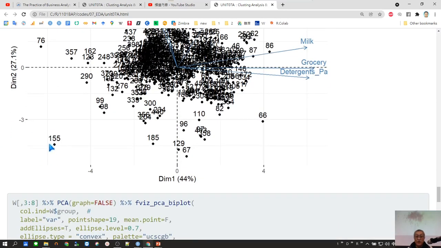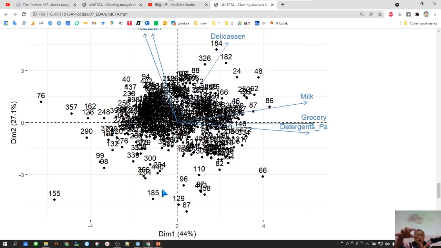dimension 2. So as a total, it retains about 70%, right? So in this two-dimensional space, it retains about 70% of all of the information in that higher, 6-dimensional space. So the higher this percentage is, the better the PCA result.